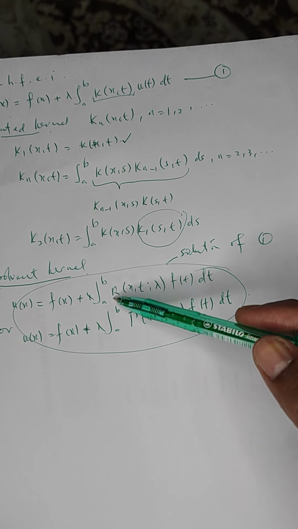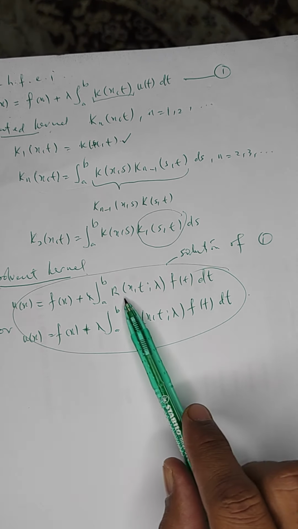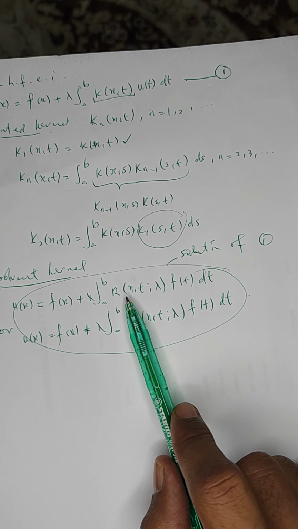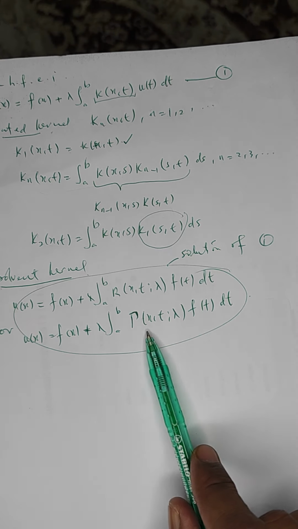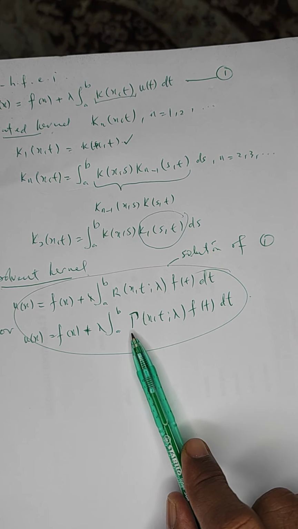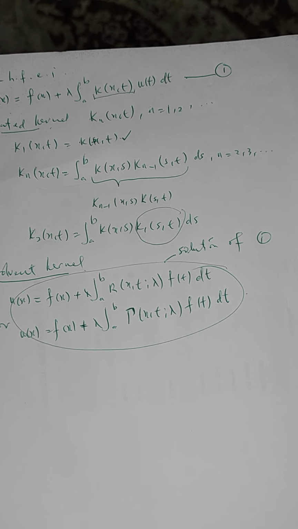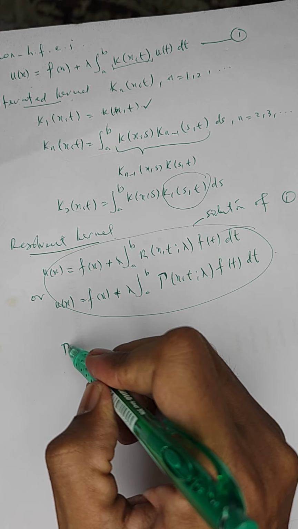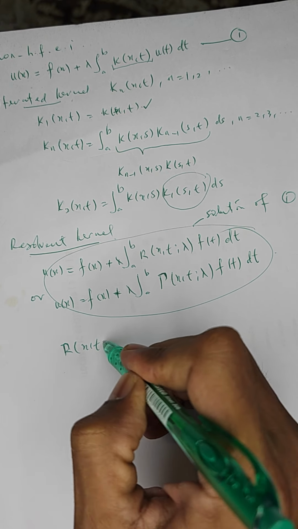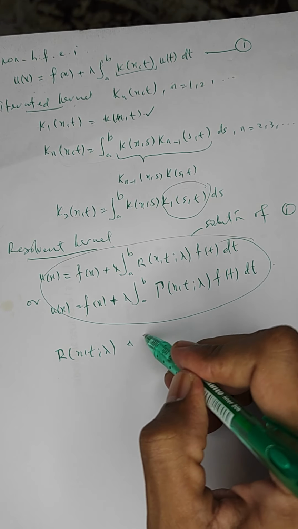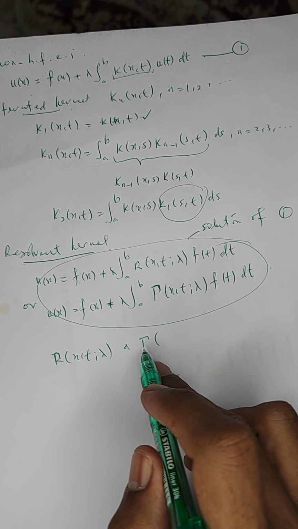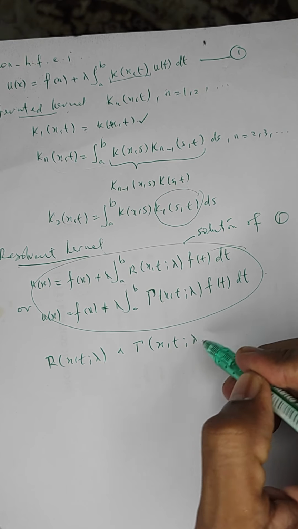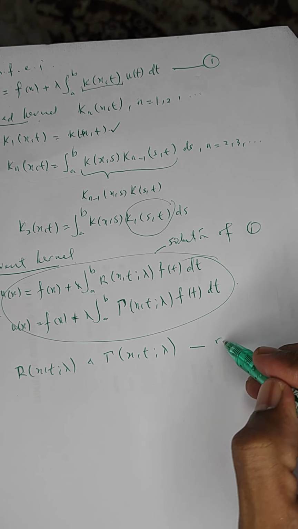So what is the difference between this R and gamma? R we use for the Fredholm integral equation, and gamma later on we use for the Volterra integral equation. So this R(x,t;lambda), or gamma(x,t;lambda), we call this the resolvent kernel.